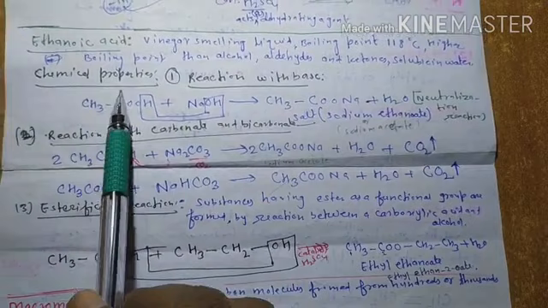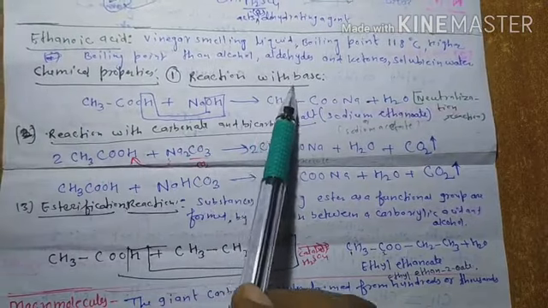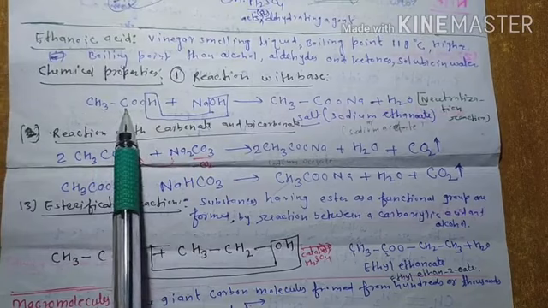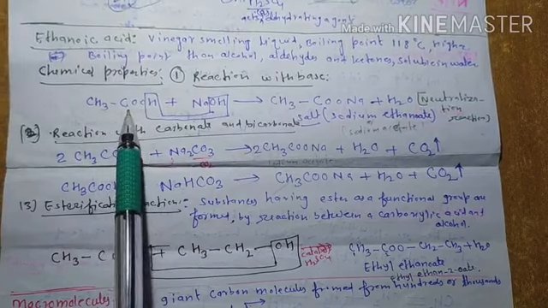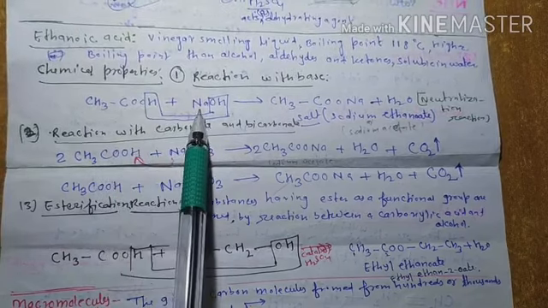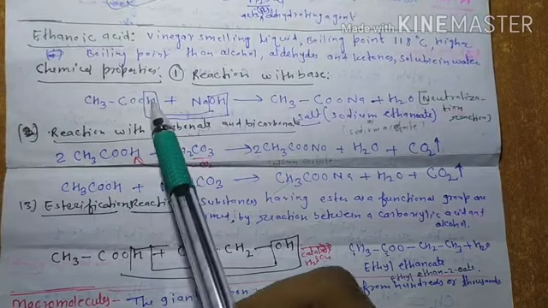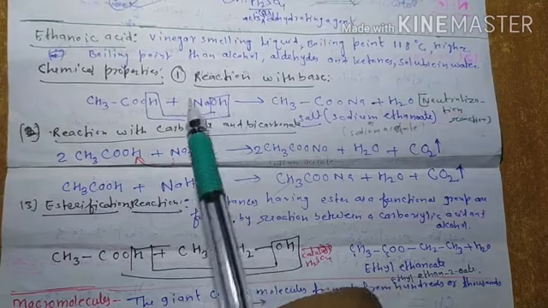Chemical properties. First, reaction with base. So this is acetic acid or ethanoic acid, CH3COOH. It reacts with the base NaOH. Sodium hydroxide is the base. So one H from here and OH from here will form H2O.